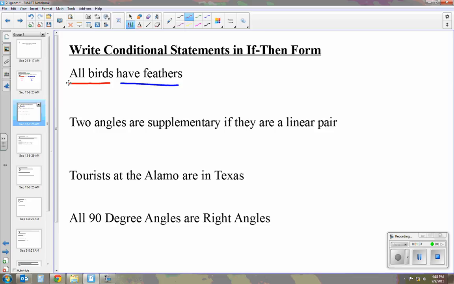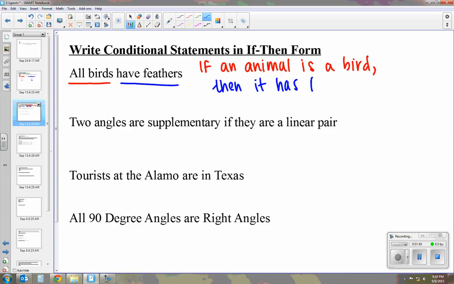We know a bird is an animal, so we can say if an animal is a bird, then it has feathers. So we have a hypothesis and a conclusion, and our conditional statement is now in if-then form.